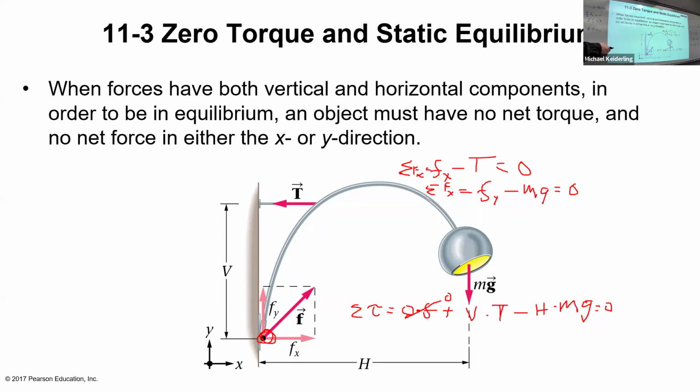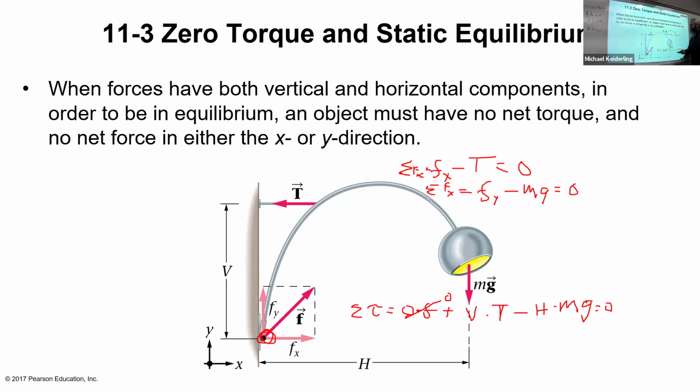Then I have this tension at a lever arm of V and this mg at a lever arm of H. Often in these sorts of problems, it's easier to use the moment arm to simplify torque calculations.